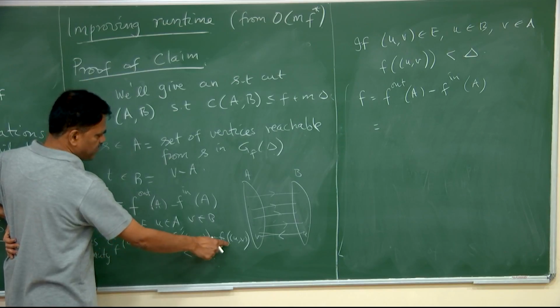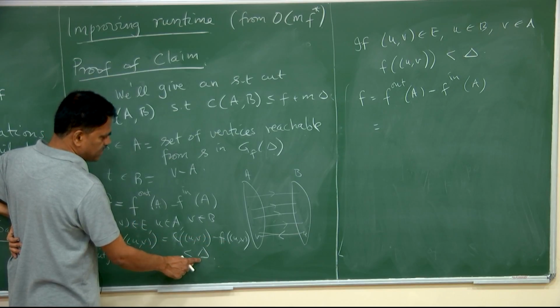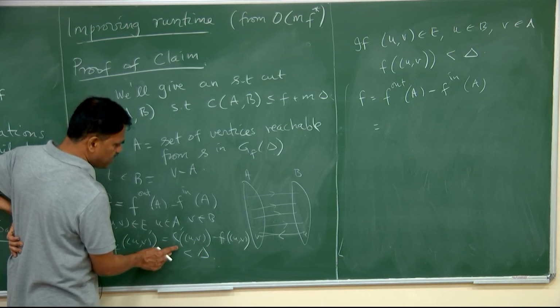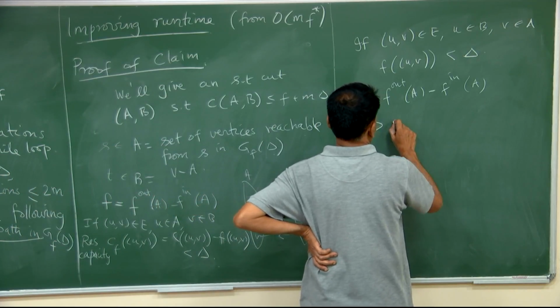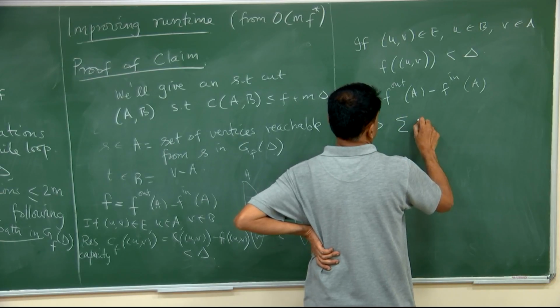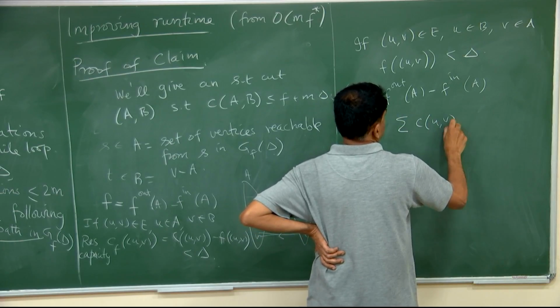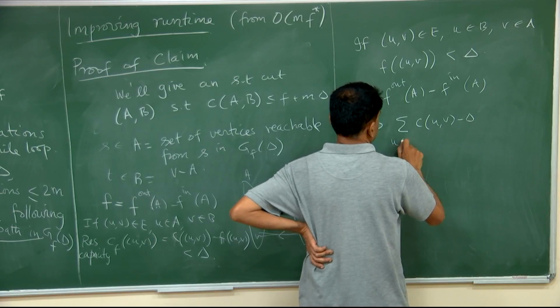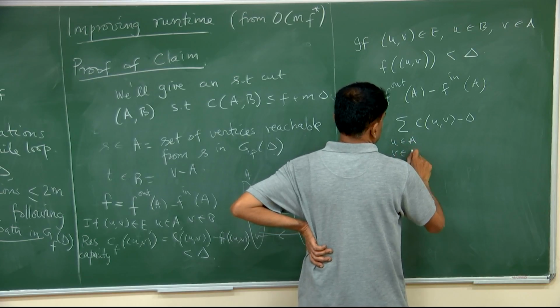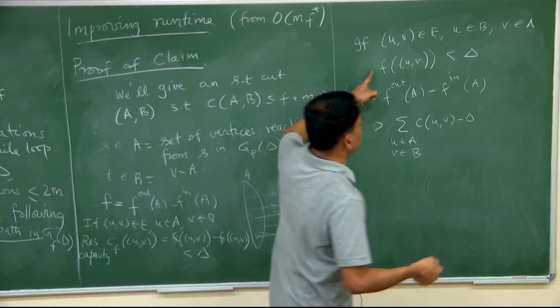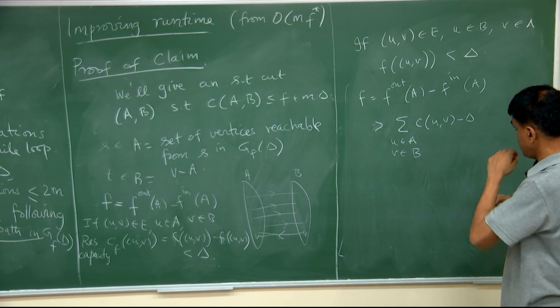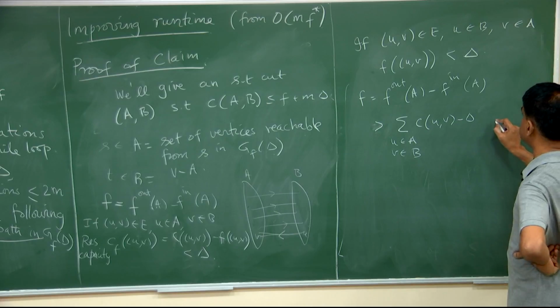The capacity minus F is less than delta, so that means its flow is greater than capacity minus delta. And for any such edge coming in this direction, its flow is strictly less than delta.